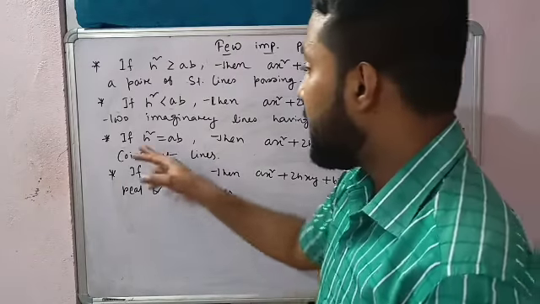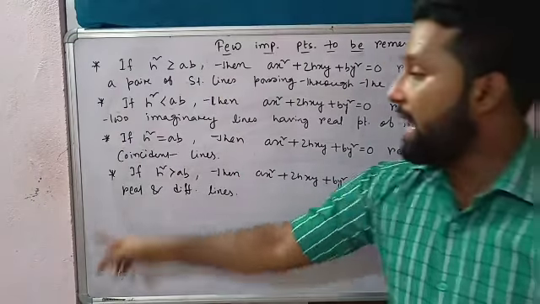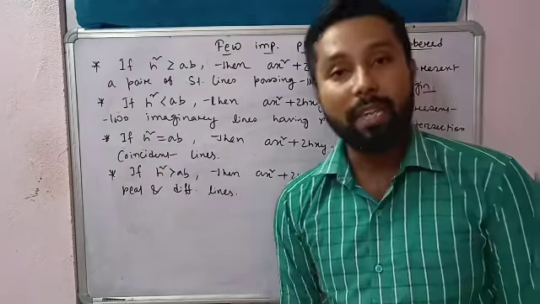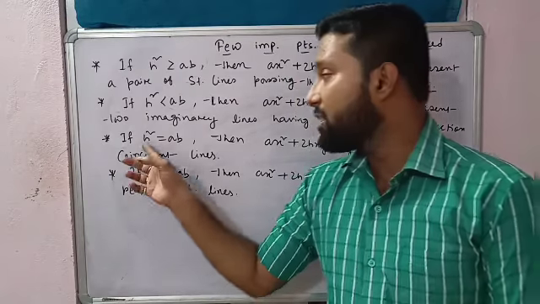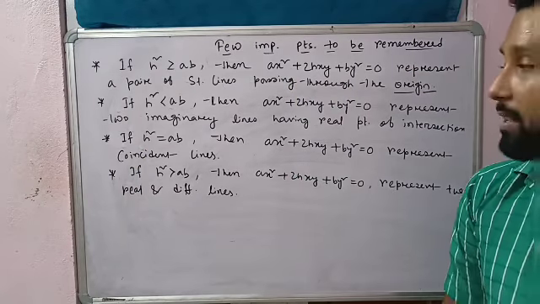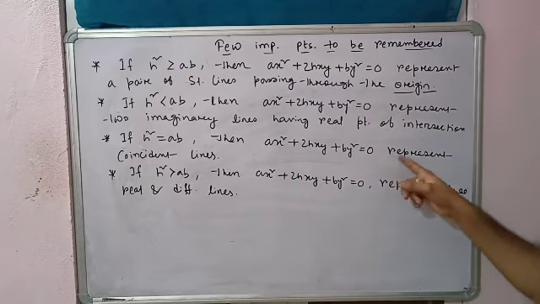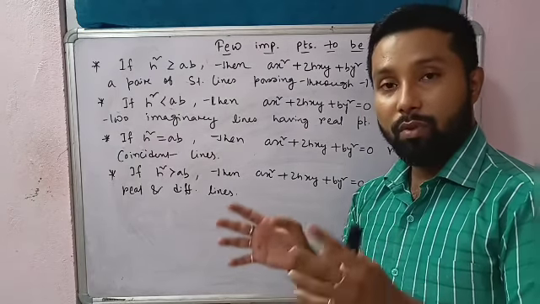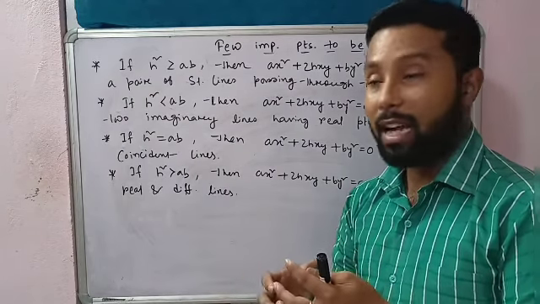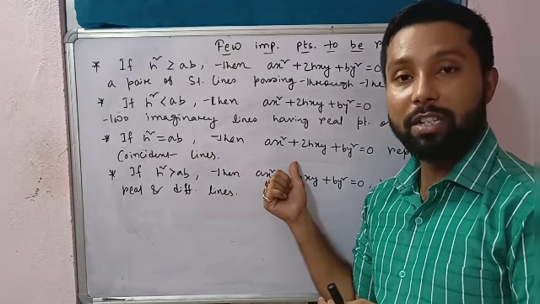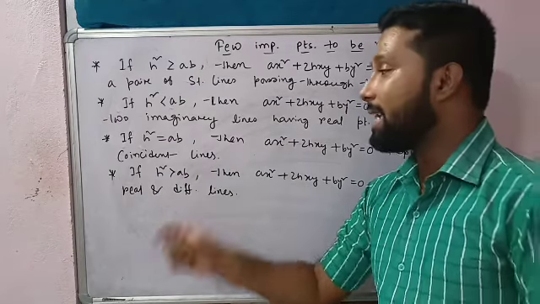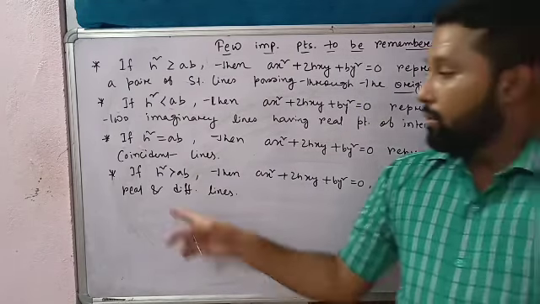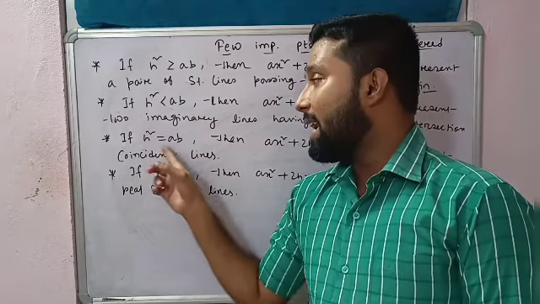Okay, the third one is if h square is equal to ab, then the equation represents coincident lines. The two equations which we combine to get this equation will represent coincident lines. Okay, so what is the condition for coincident lines?